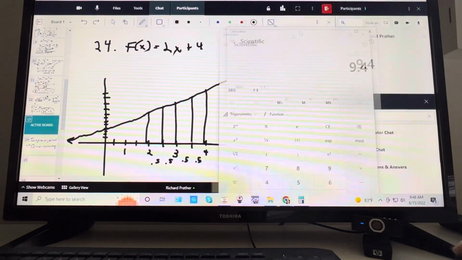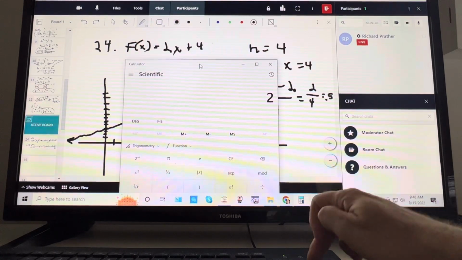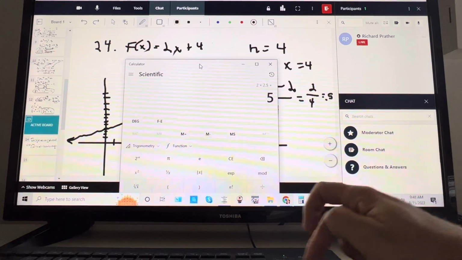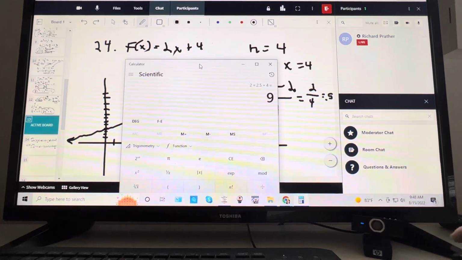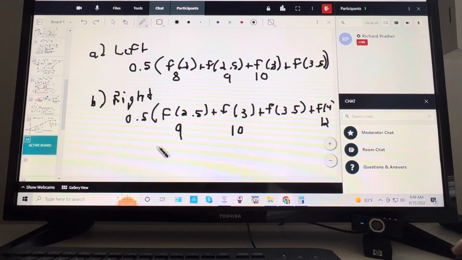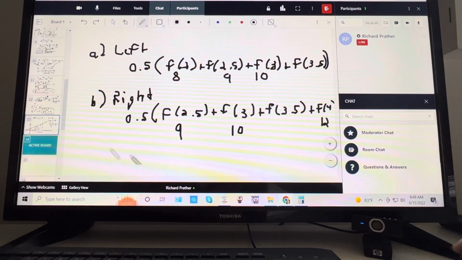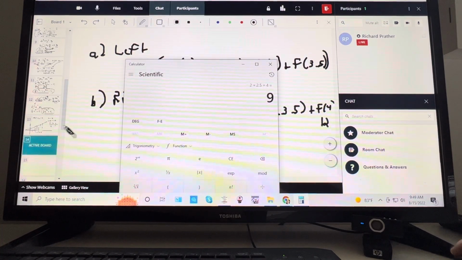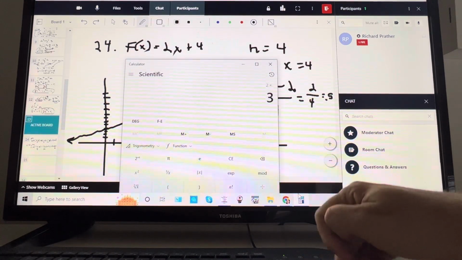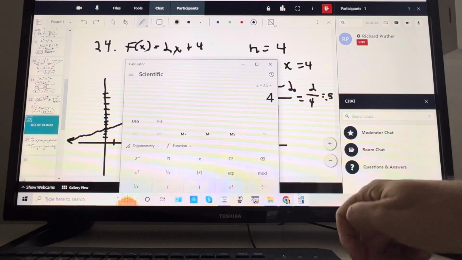F of 2.5 would be 2 times 2.5 plus 4. So f of 2.5 is 9. This one is 10. F of 3.5, it's going to be 11, because 2 times 3.5 plus 4 is 11.